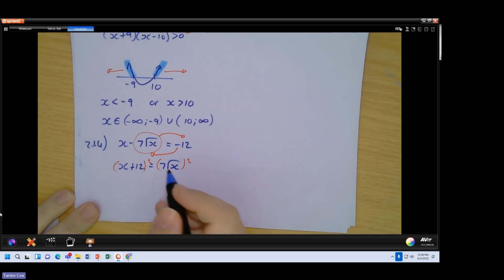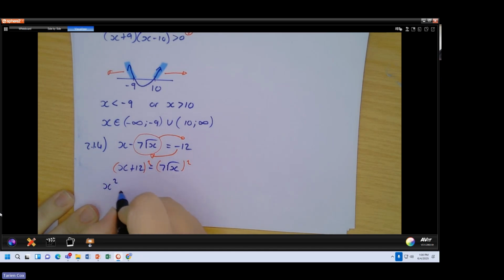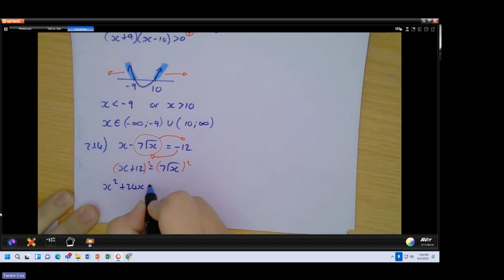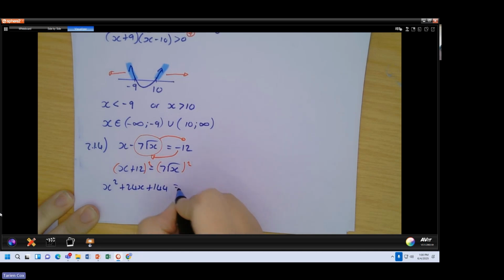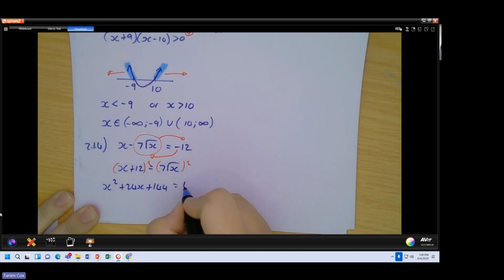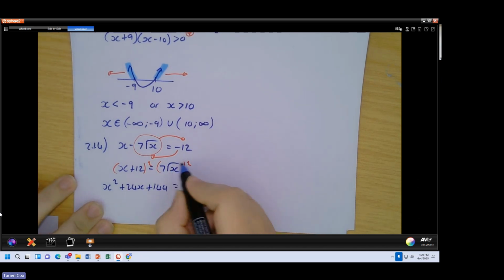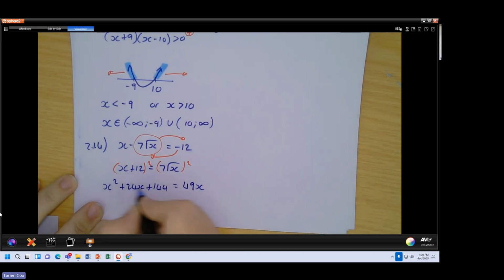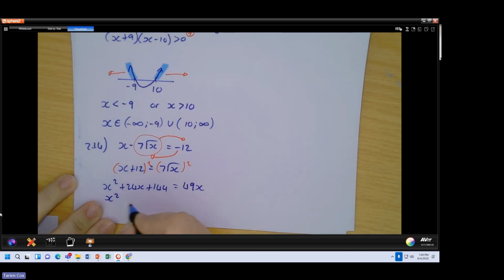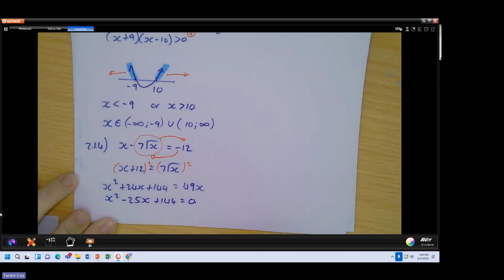So here I'm going to multiply out: x squared plus 24x plus 144 is equal to 7 squared, which is 49, and then x and the square root cancel each other out. The square root and the square, so it's just x. Because it is a quadratic equation, it needs to equate 0, which means I'm going to bring this to this side, so I need to minus my 49x, and that leaves me with x squared minus 25x plus 144 is equal to 0.